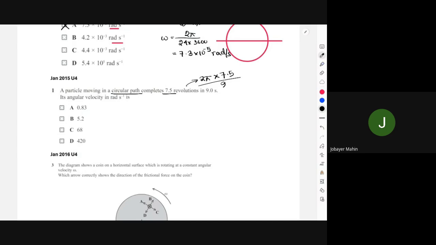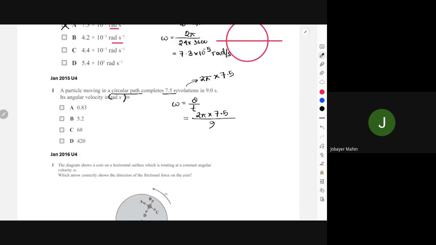If I calculate the answer for this question, also, in most angular velocity questions, angles are measured in radians.